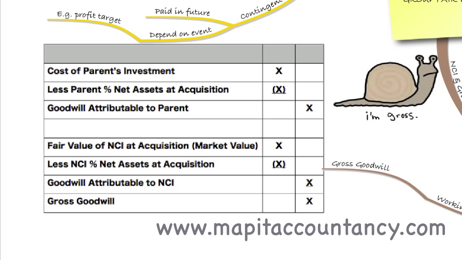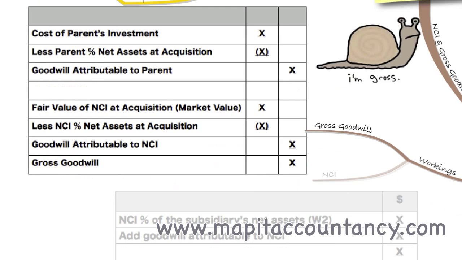If you have to calculate it, use the share price of the NCI at acquisition, less the NCI's percentage of net assets at acquisition, and that comes from your working 2. So we used the parent's percentage of net assets in the top. We're going to use the NCI's percentage of net assets in the bottom. That will give us our goodwill attributable to the non-controlling interest. Add those both together, the parent and the NCI, and that gets us our gross goodwill.